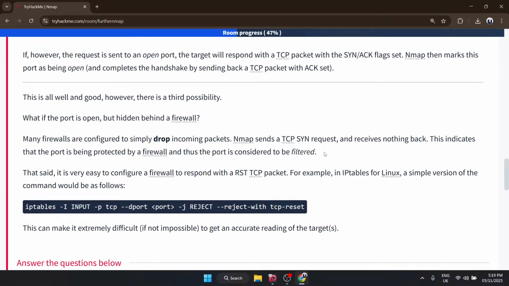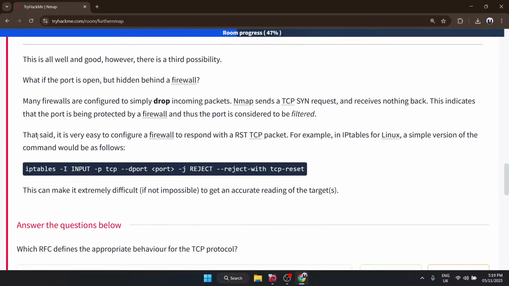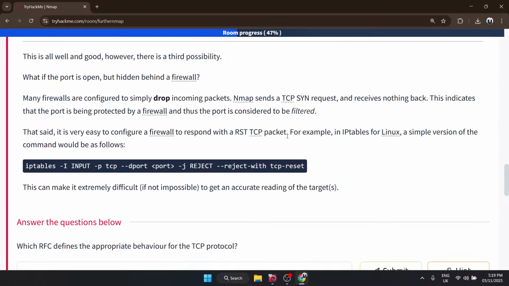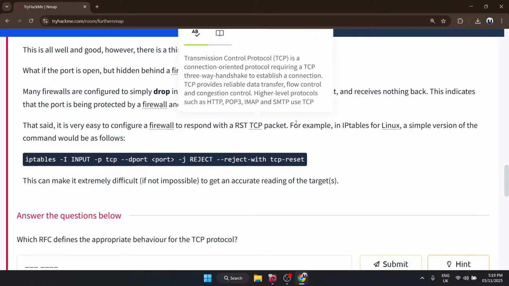So whenever we see a filtered port, it means there is no reply back, there is no reset flag coming back from there. That said, it is very easy to configure a firewall to respond with a reset TCP packet as well. So sometimes firewalls might also be configured with the reset TCP packet.